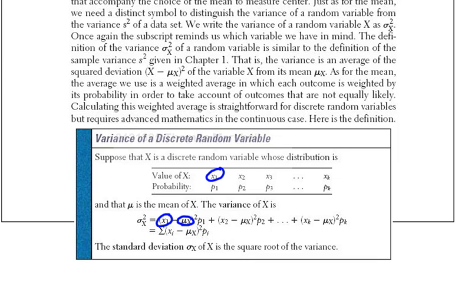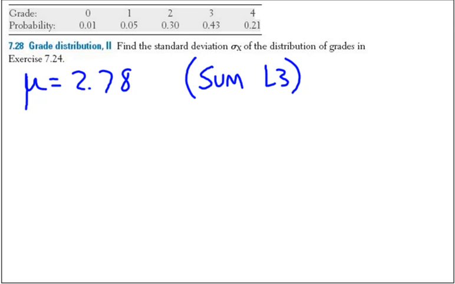We're going to square it, multiply it times the probability, and do that for each one all the way up to the end. That sum, when we add it up, is going to be our variance, and then we take the square root to get the standard deviation. All right, so back to the problem.